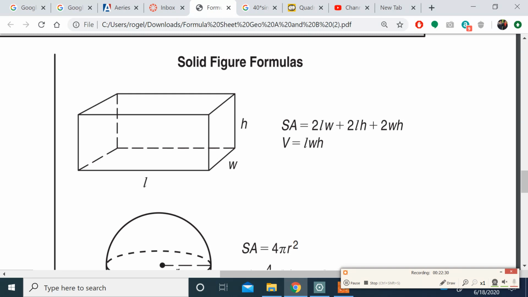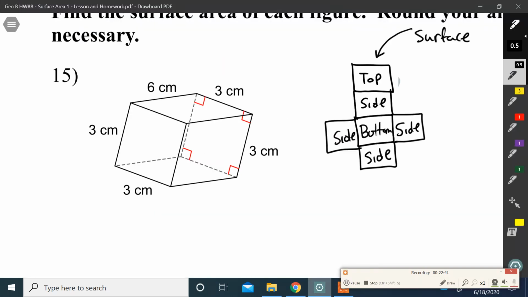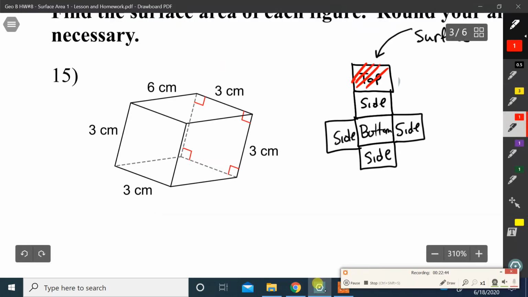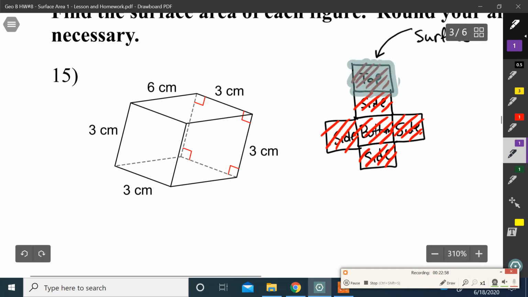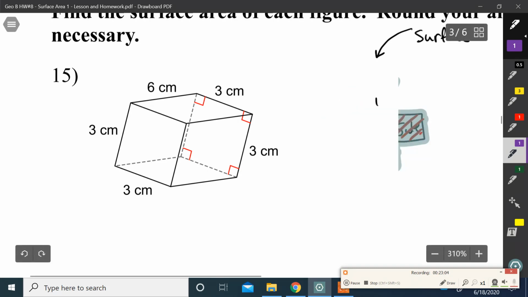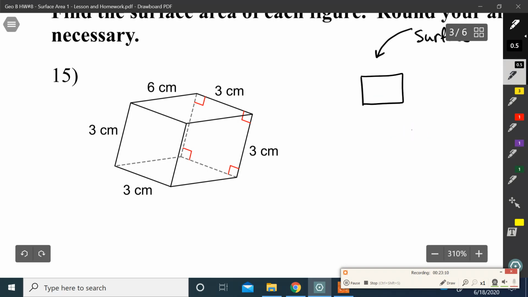The surface area is 2 times the length times the width, plus 2 times the length times the height, and 2 times the W plus H. Now what does that formula mean? Well, we're actually finding the area of this, the area of this, the area of this here, and the area of this. Okay, we have a top. Oh my god, I just screwed everything up here. Let me erase all of that and let me rewrite. We have a top and a bottom.